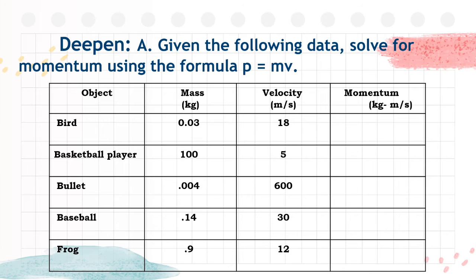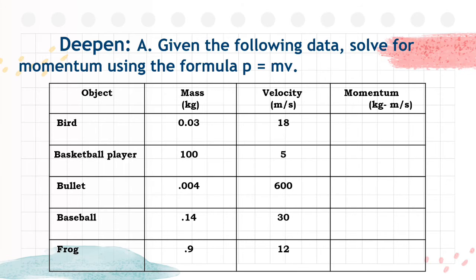Another, find the momentum of a basketball player if the mass is 100 kg and the velocity is 5 meters per second. Find the momentum of a bullet if the mass is 0.004 kilogram and its velocity is 600 meters per second.